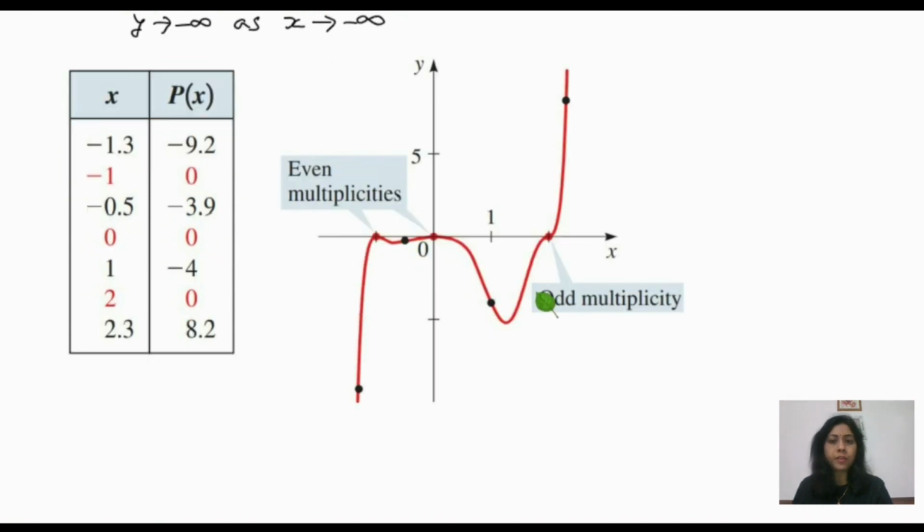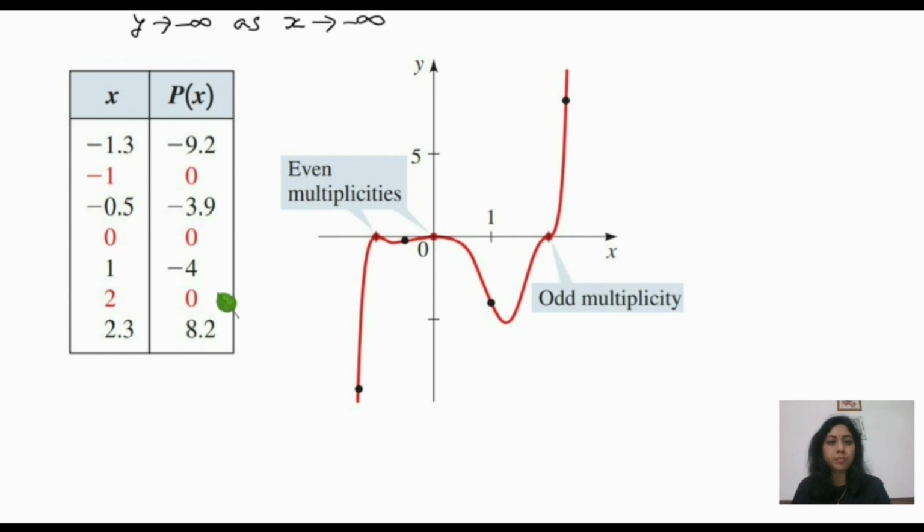Here is the graph of the given polynomial, and you can easily see here minus 1, 0 and 2 are the zeros, x-intercepts. So this is the y-intercept also, and we can plot these points. And here at minus 1 and 0, the multiplicity is even, so the graph doesn't cross the x-axis.